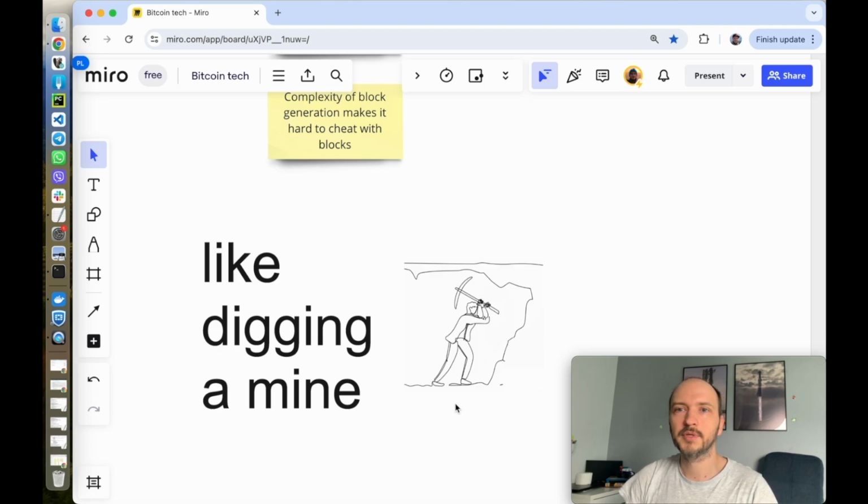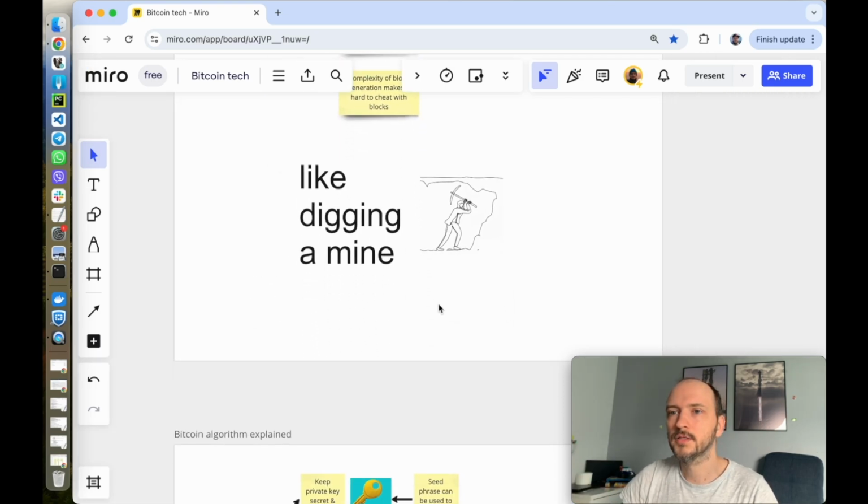A businessman may dig a mine without knowing when exactly he will find, let's say, a diamond in there. Maybe in a second, maybe in a year, and he does some work. And when he finds this diamond and shows it to everybody, people will know that it likely required a big amount of effort or work for him to find this diamond.